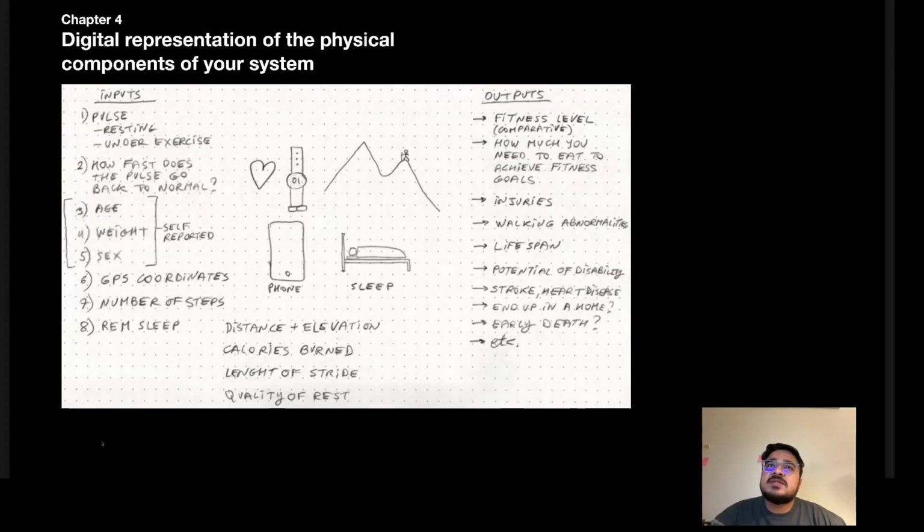I think they have added just the REM sleep in the third iteration. So you are basically adding quality of rest, and your output will also measure stroke, heart disease, ending up in a home, early death, etc.